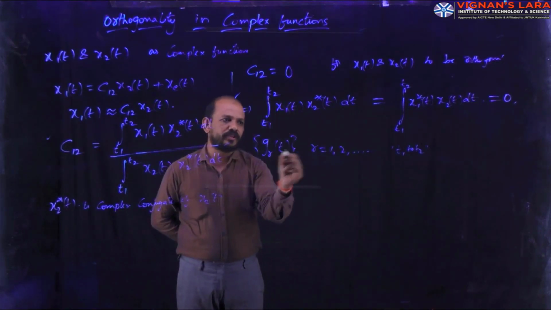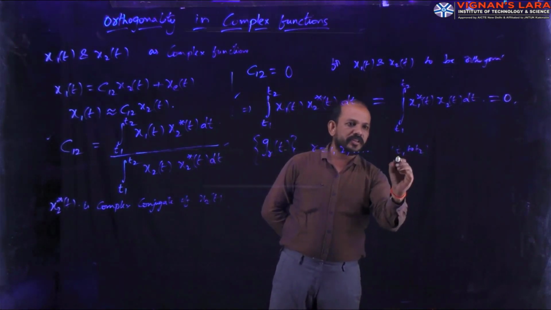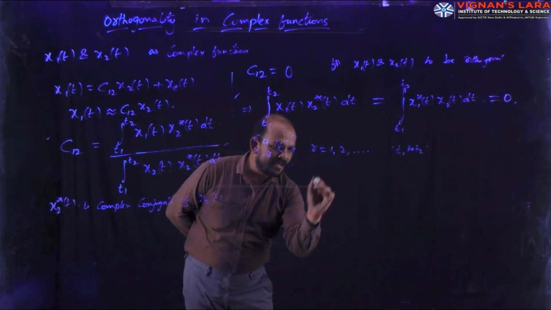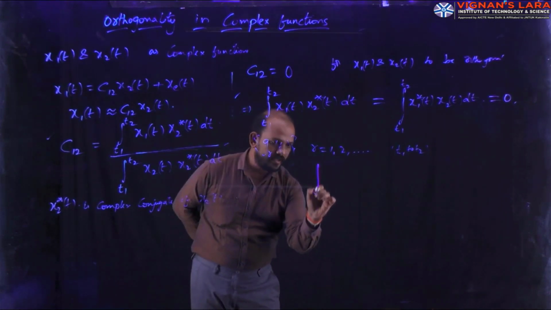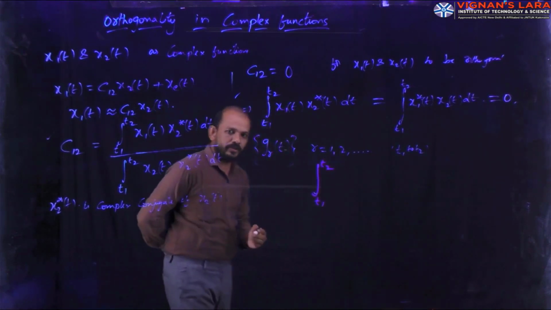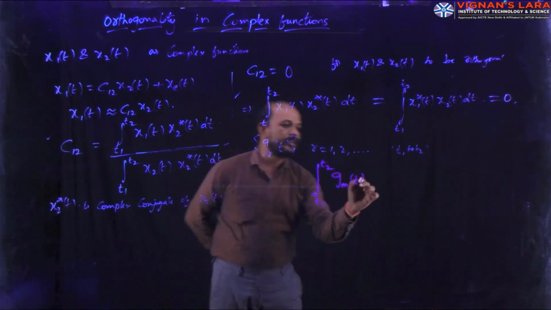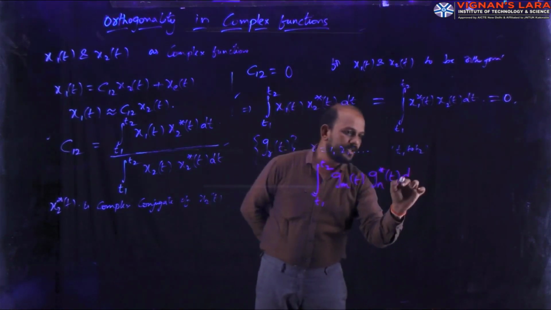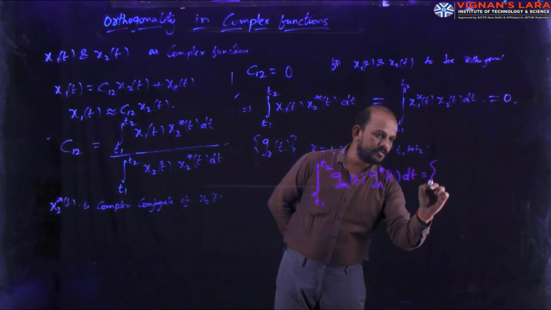For the set gr of t, where r equals 1, 2 and so on, a set of complex functions which are mutually orthogonal over the interval t1 to t2, the condition is: integral t1 to t2 of gm of t into gn star of t dt will be equal to 0.